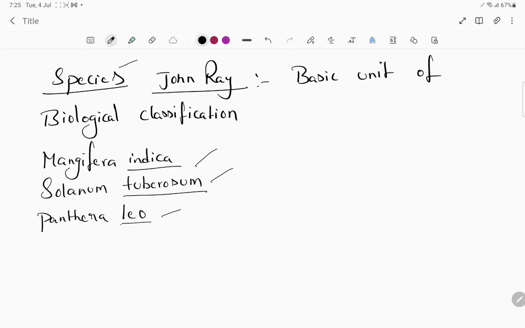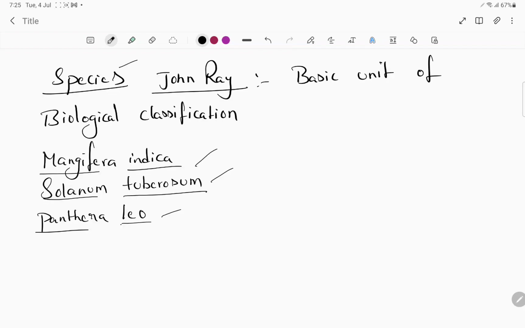Mangifera, Solanum, Panthera are the genera. The first word represents different organisms having morphological similarity. For example, Panthera has another specific epithet, tigris.